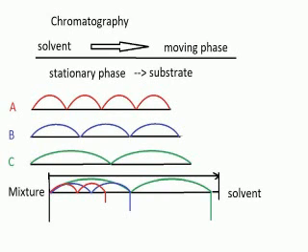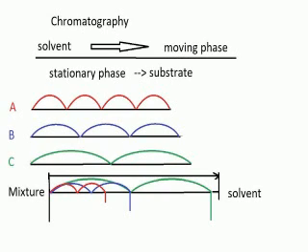Meanwhile, B, which moderately interacts with the surface, will cover about half the distance covered by the solvent. And A, which strongly interacts with the surface, will only manage to travel a short distance as the solvent moves along.